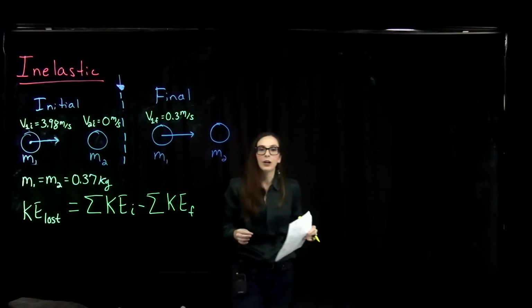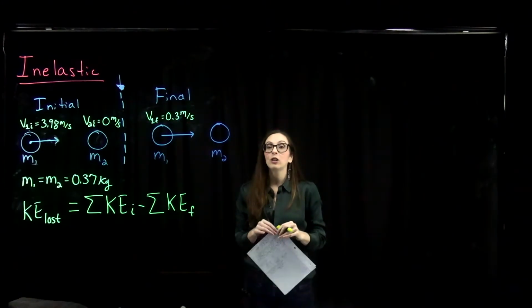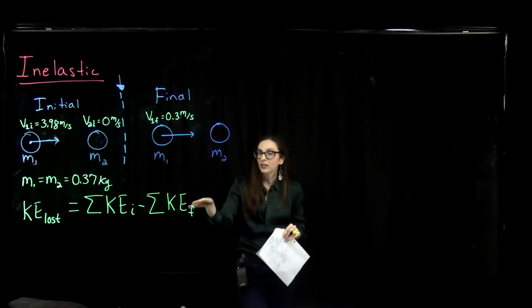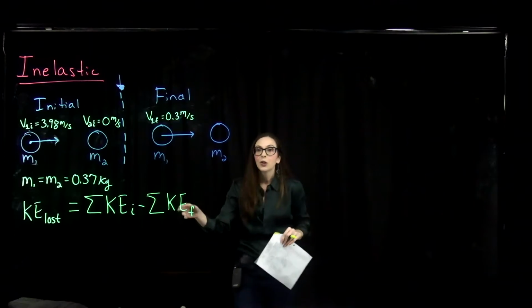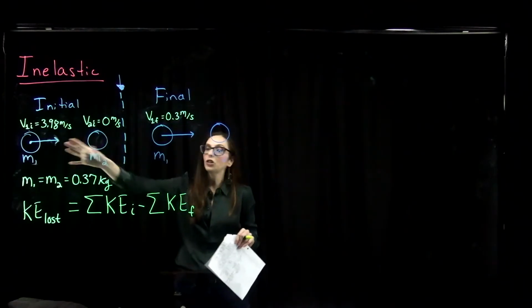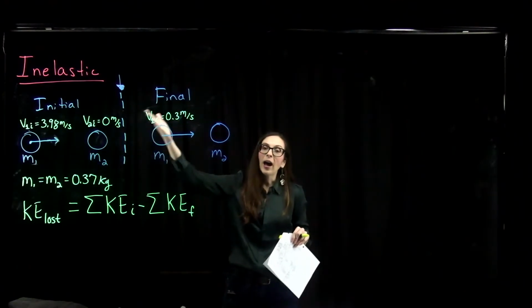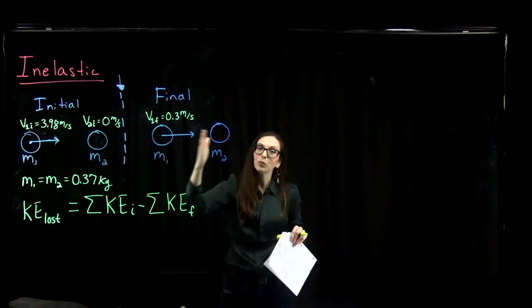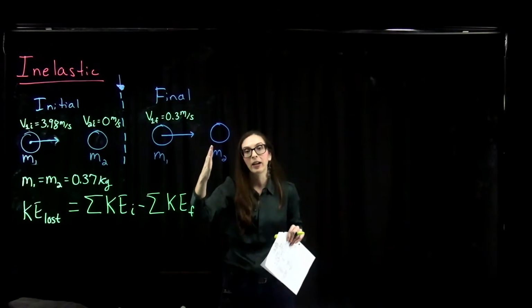Now we remember that kinetic energy is 1/2 mv squared. Now we know the masses of all of our objects. We know the velocity initially for both of the objects. After the collision, we only know the velocity of the first mass. We haven't been told the velocity of the second mass.